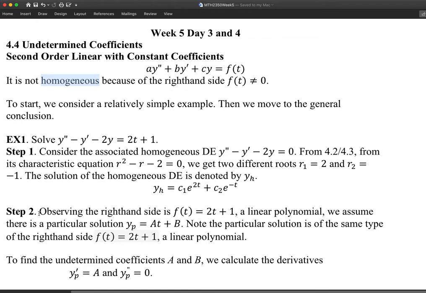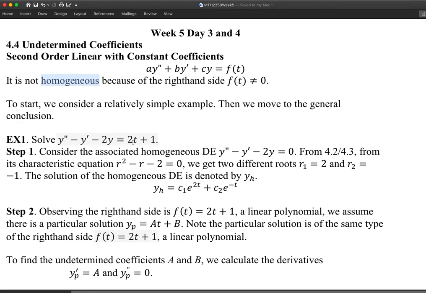The second step is we really want to generate an actual solution for this differential equation. We don't know a lot about those derivatives yet, but we see the right-hand side is a linear polynomial.